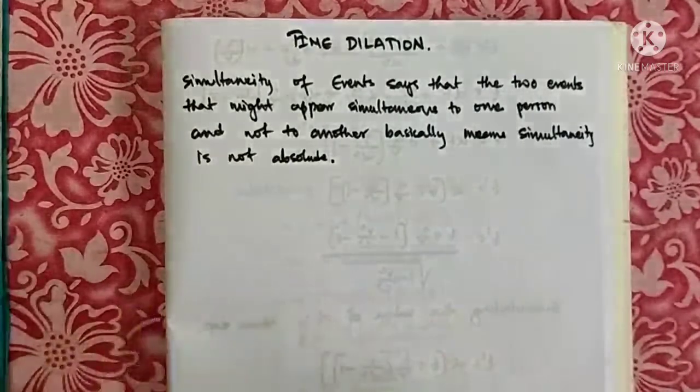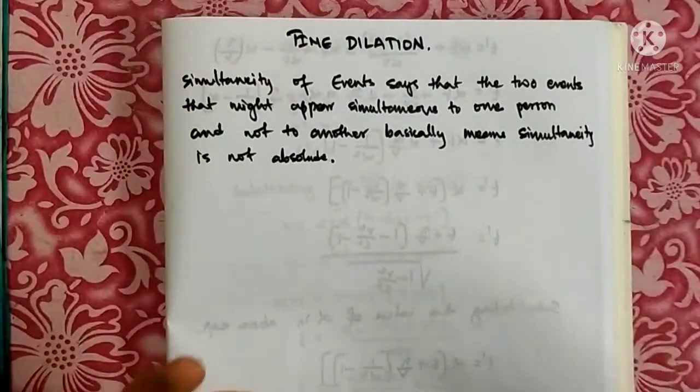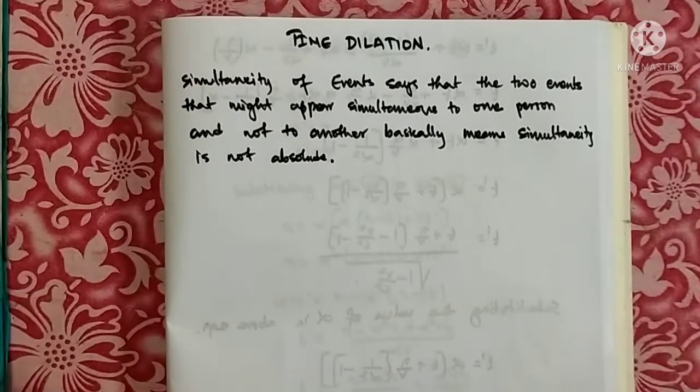We see that since simultaneity deals with time, here arises a question: is time also a relative quantity? Or in other words, does time pass differently to people in different reference frames?